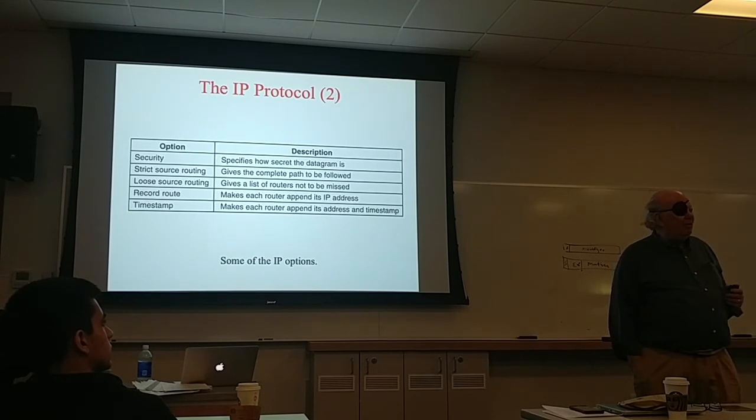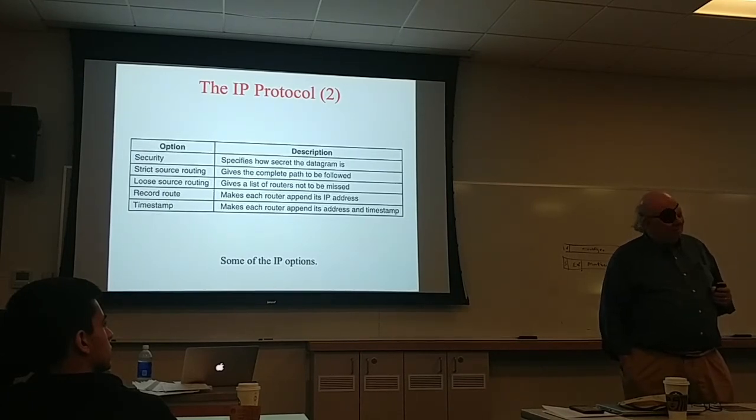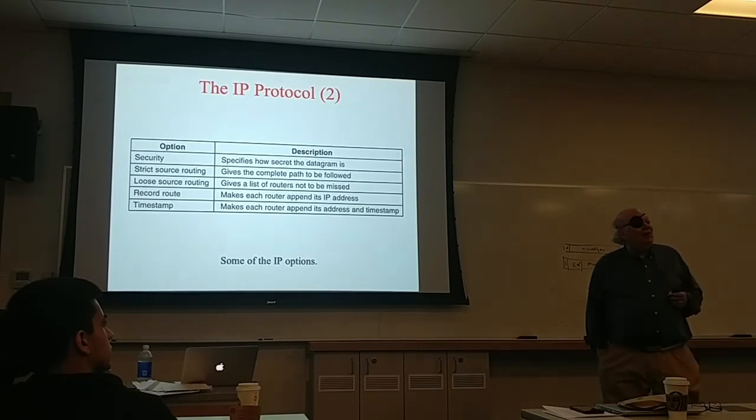IP was separated from TCP in 1978. The internet grew after that. If you wanted to join the internet, you did this. It never went through the usual standards process. You just do this.